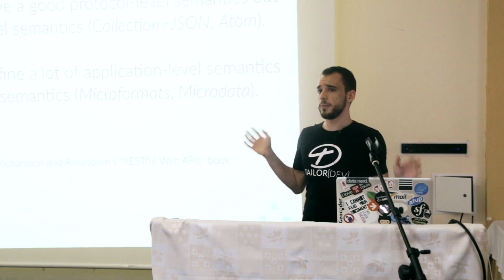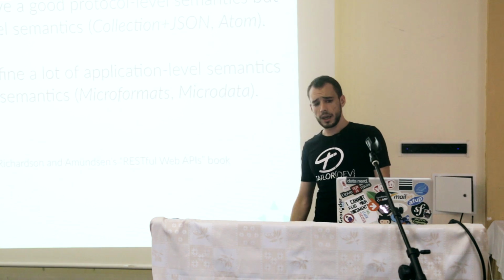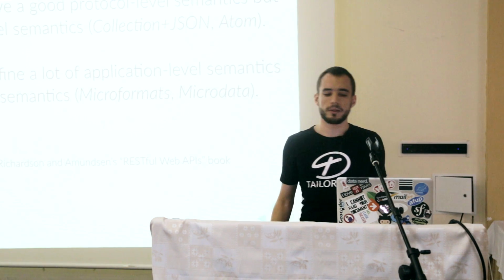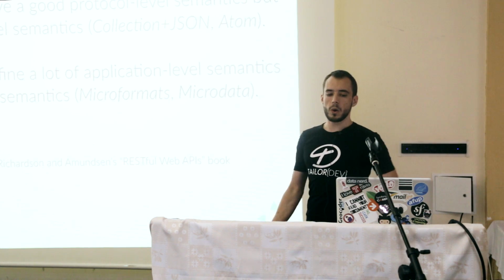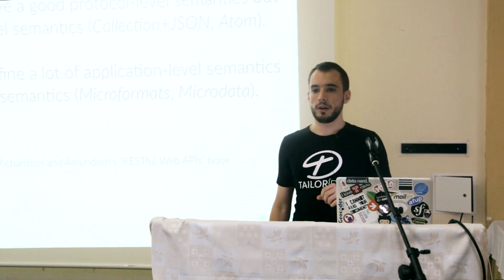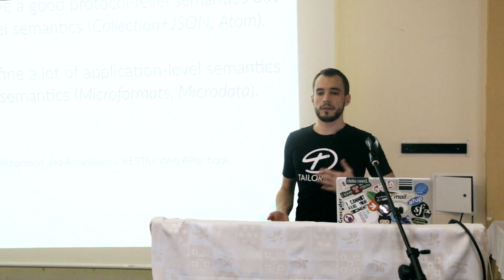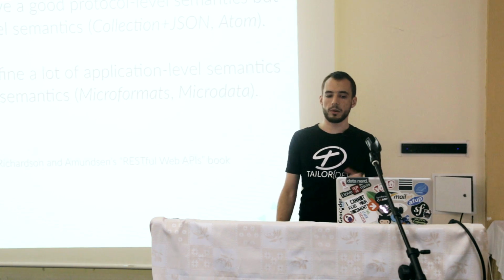We have plenty of hypermedia formats, and some of them are good at expressing protocol level semantics, and others are better at explaining how it works on an application level. But it's complicated to find a format that describes both semantics perfectly.